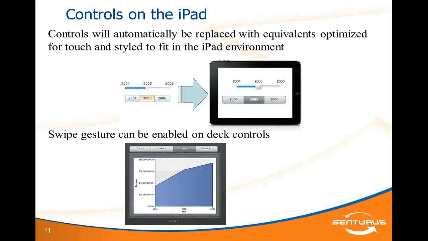And then they render a little differently when you're seeing them on the iPad. So the button bar edges look a little different on the iPad. They render a little differently in terms of color and the highlighted button. Also, the slider shows up a little differently. Sometimes, depending on the object, the sizing may be a little different on the iPad compared to the desktop and how it gets laid out. So that's something to keep in mind.